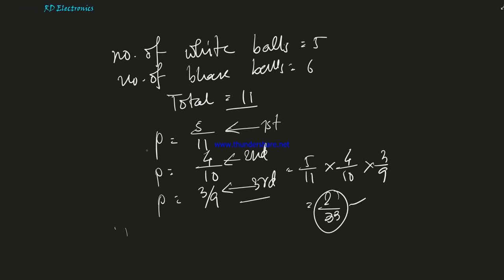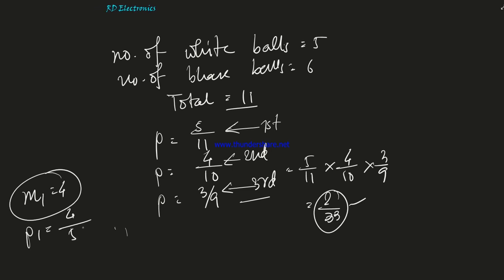So for the card problem, the number of favorable events equals 4, and there are total events equal to 52, therefore the probability equals 4 by 52, that is a probability of 1 by 13 of aces coming out, and this is the first probability.